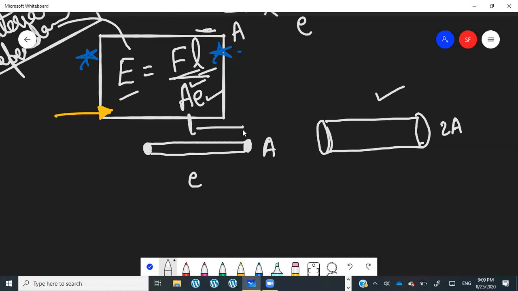Given that both of them have the same length. Both of them have the same Young's modulus, meaning they have the same material. What's going to be the extension of this one?